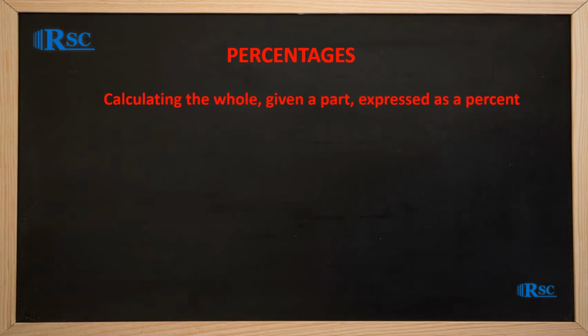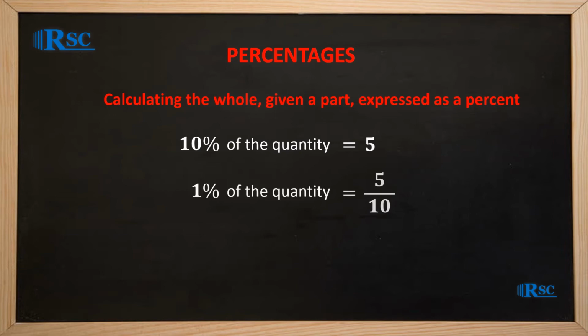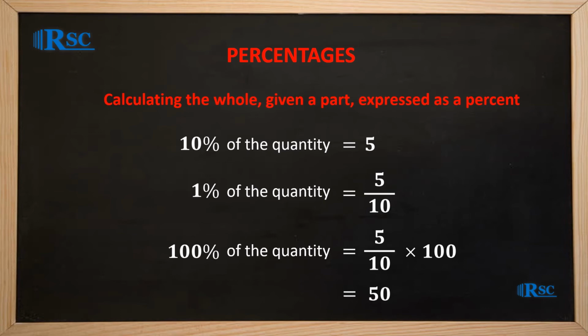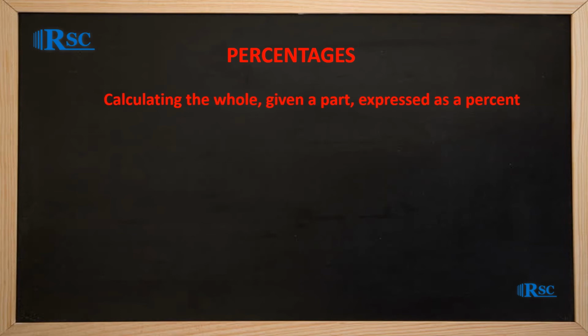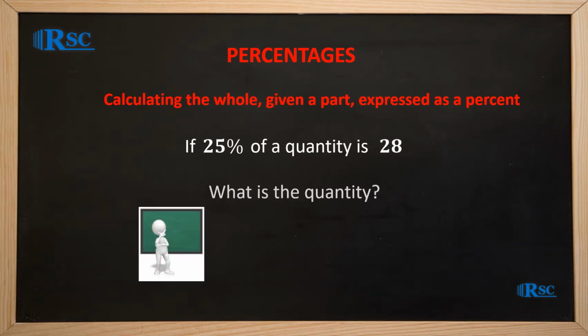Calculating the whole given a part expressed as a percent. If we know some percent of a quantity, we can calculate the whole from which it came by using basic proportions. For example, if 25% of a quantity is 28, what is the quantity?